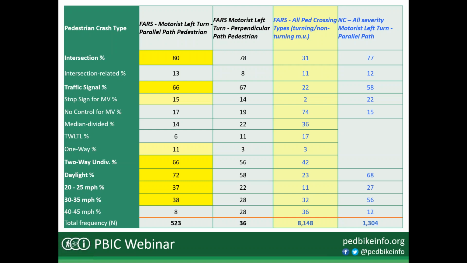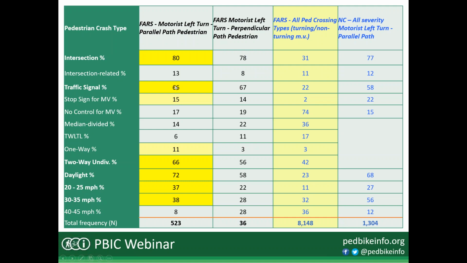So as I mentioned, it is a big problem at intersections. The remaining 13%, 80% at intersections, 13% near an intersection, that is about 50 feet from the crosswalk area or related to queuing of vehicles and that sort of thing. The remaining small percentage may occur at driveways, such as to commercial businesses.